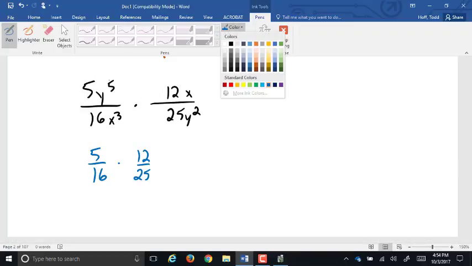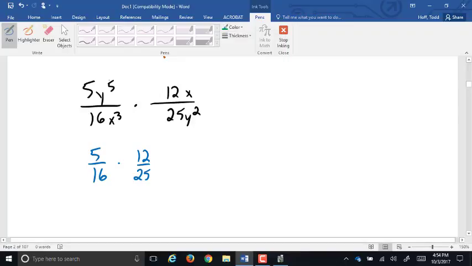Well, 25 and 5 both divide by 5. 5 divided by 5 is 1. 25 divided by 5 is 5. 16 and 12 can both be divided by 2, but they can also both be divided by 4. 12 divided by 4 is 3. 16 divided by 4 is 4. So I've reduced the numbers.